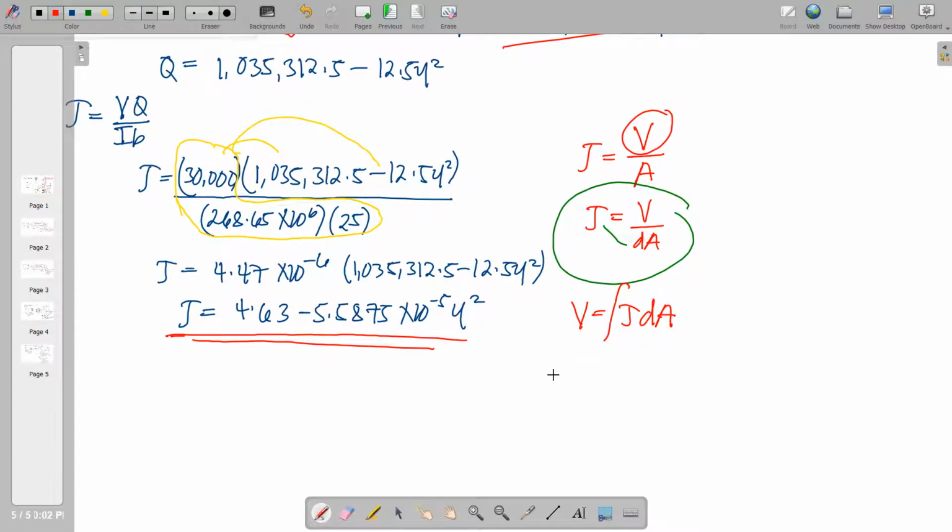So we do that, V is equal to the integral of tau with a limit of negative 125 up to positive 125. So we just have to copy this one. Okay, we have 4.63 minus 5.5875 times 10 raised to negative 5 y squared.